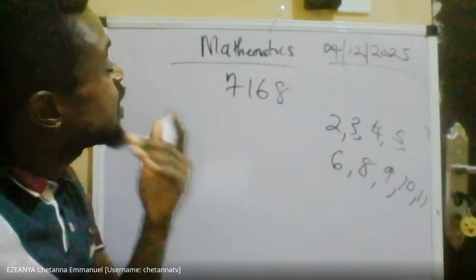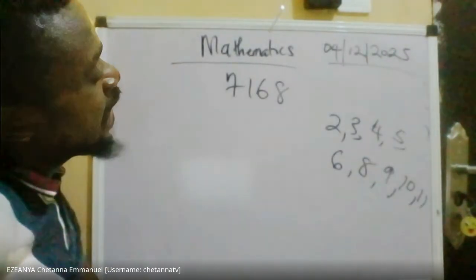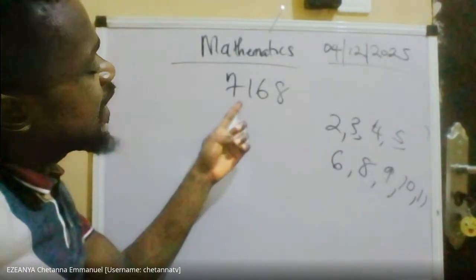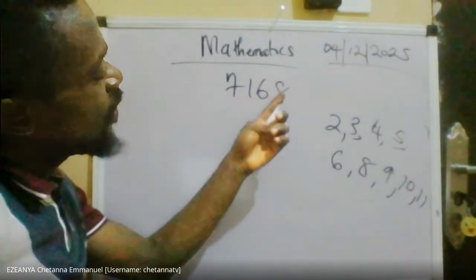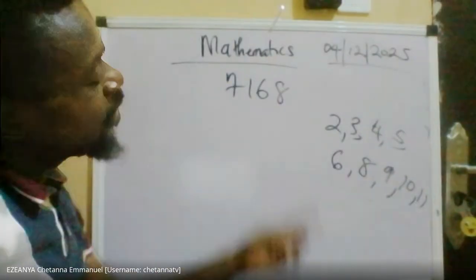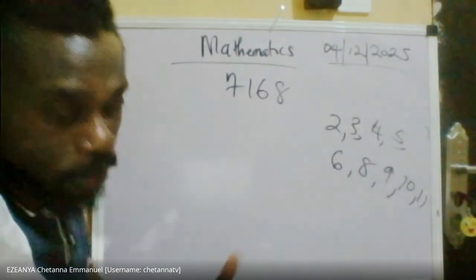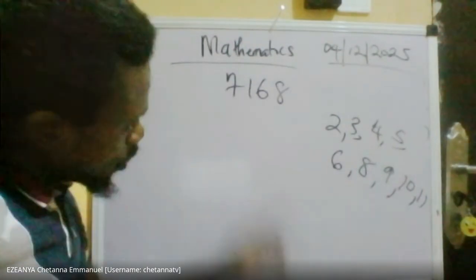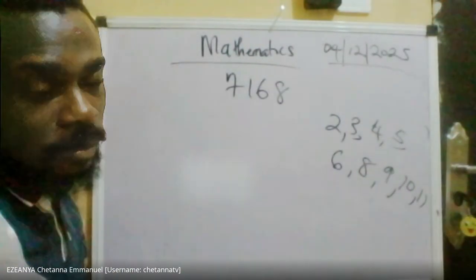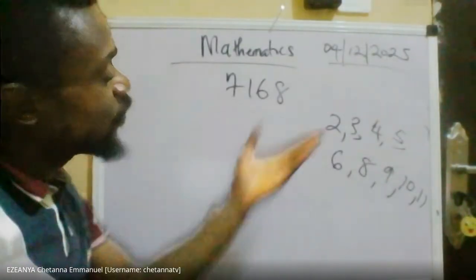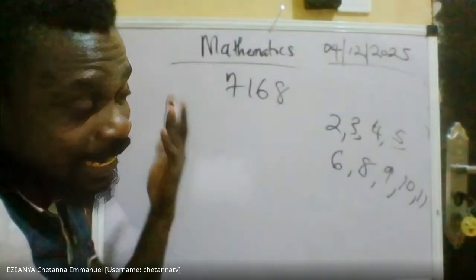If the last digit is even or 0, the number is divisible by 2. Last digit here: this is first digit, second digit, third digit, fourth digit. The last digit is 8. 8 is divisible by 2 because 8 divided by 2 is 4. So this number is divisible by 2. Simple. Just say half of it, no need to try to divide it because I know it's divisible by 2.